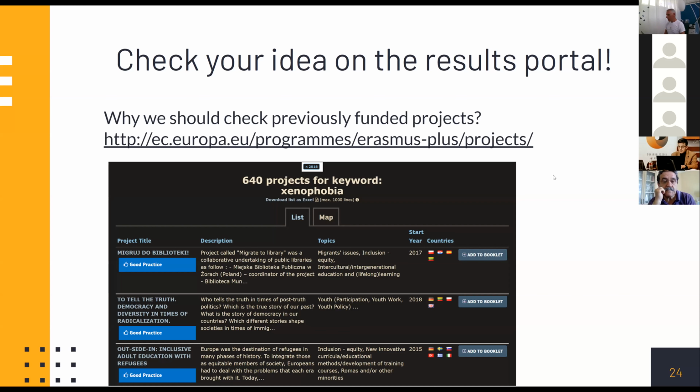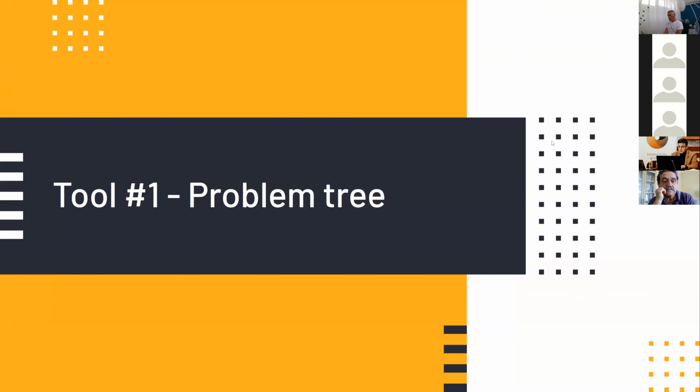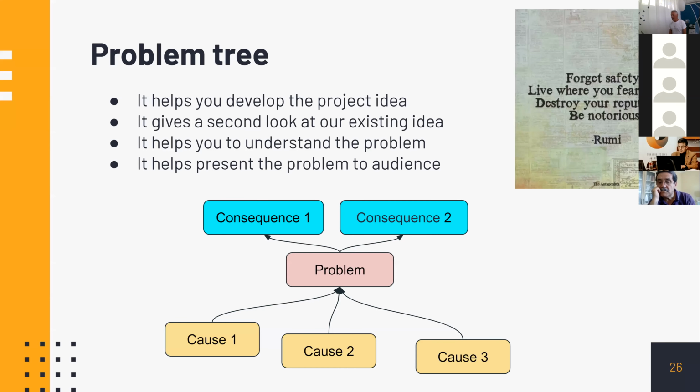So when you know all of this, you need to start with your problem. And tool number one, which is probably the most widely known tool, is the problem tree. I will start with just one part of the problem tree because this part is the most important part for your problem.